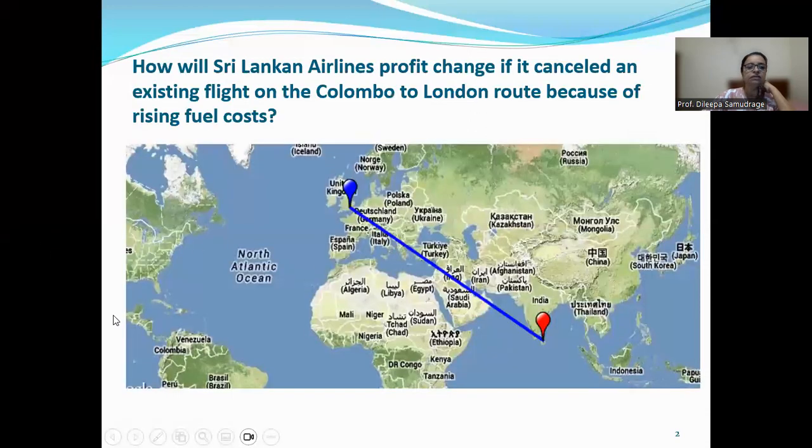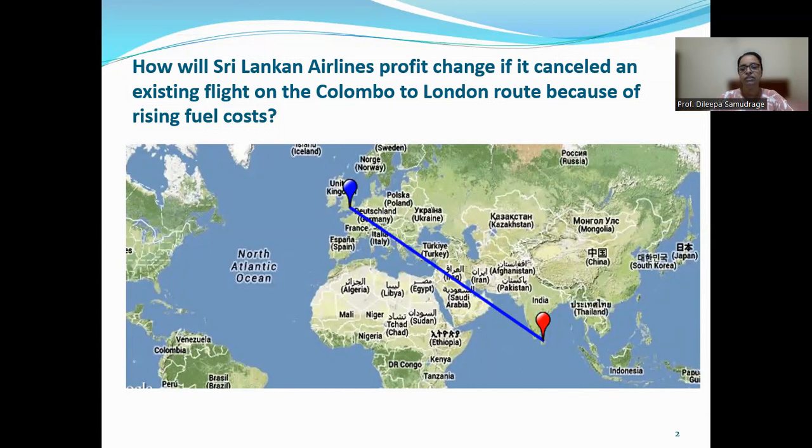So first we'll look at this one. How will Sri Lankan Airlines profit change if it cancelled an existing flight on the Colombo to London route because of rising fuel cost? So when you consider Sri Lankan Airlines, they have a lot of flights, a lot of routes, right?